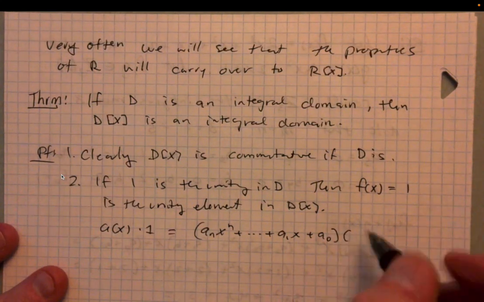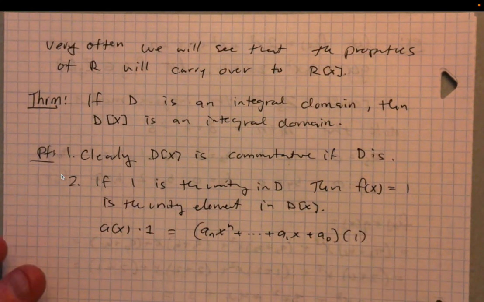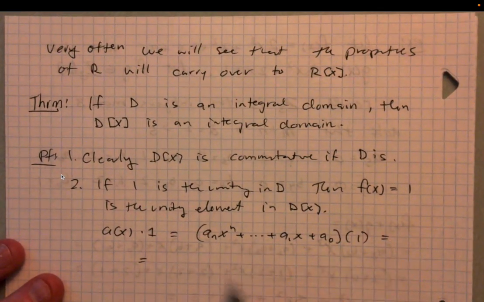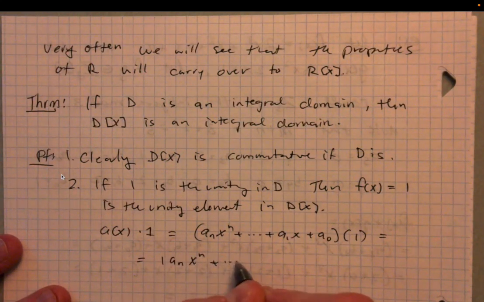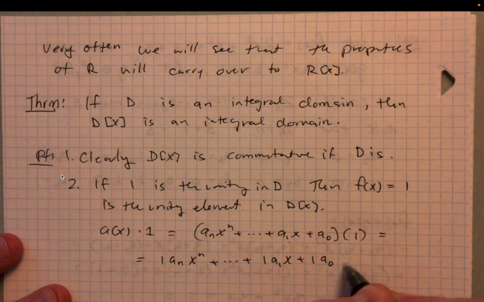And then, really the only thing you have here is a b0, so you just have 1, right? And so all of the coefficients here would just get multiplied by 1, so it's 1 times a sub n x to the n plus dot dot dot plus 1 times a sub 1 x plus 1 times a sub 0.